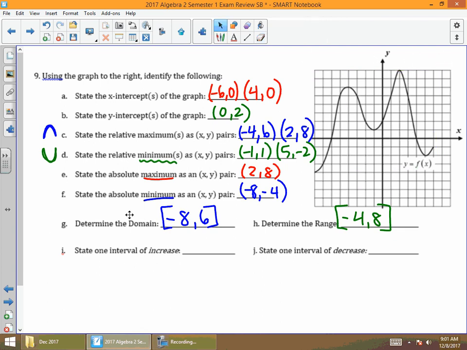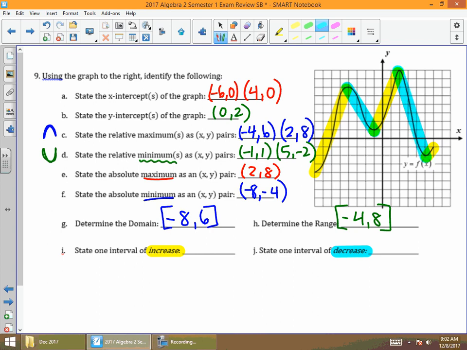And the last part about this is intervals of increase and decrease. So one level or interval of increase: if you look at your graph, you're looking for that uphill trend. So this would be an interval of increase, and then this little bit right here would be one as well. And decrease would be like the downhill trends, so here and here.